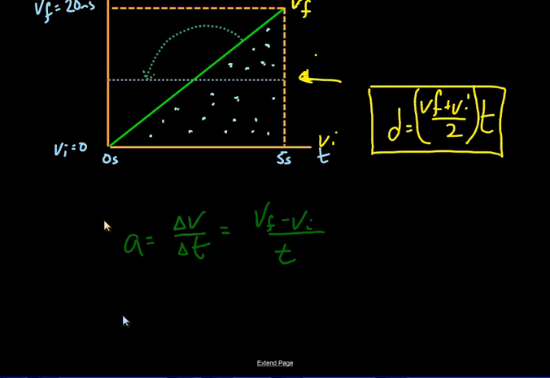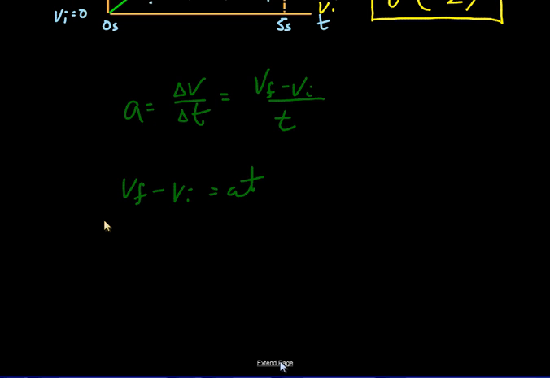Okay? Or we could say this. If we rearrange this, right, multiply by t, bring the t over here, vf minus vi equals acceleration times time. And the one last thing that we do is we could say the final velocity should be equal to the initial velocity plus acceleration times time. This is just taking that formula and expanding it.